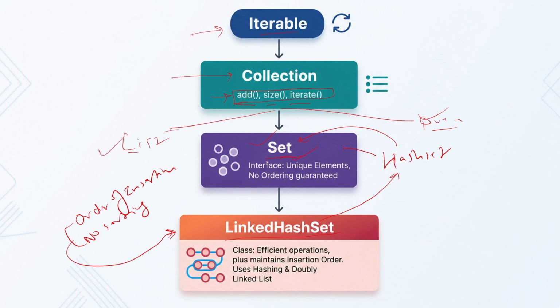Whatever properties Set has, like unique elements and no ordering guaranteed, come directly to LinkedHashSet. Set is an interface, and ordering depends on the implementation class. But LinkedHashSet provides the order of insertion. That means ordering is there but no sorting.